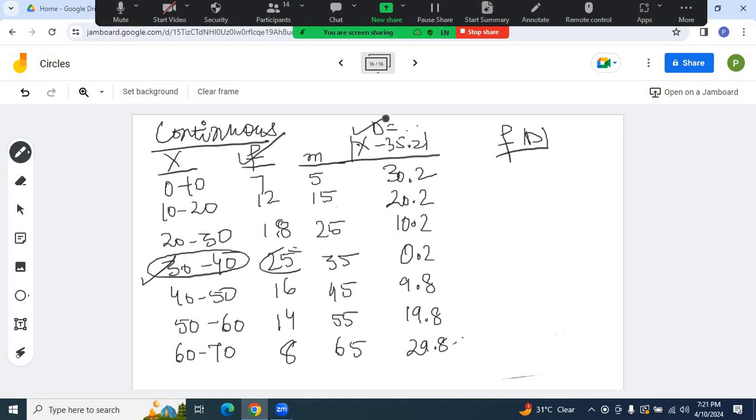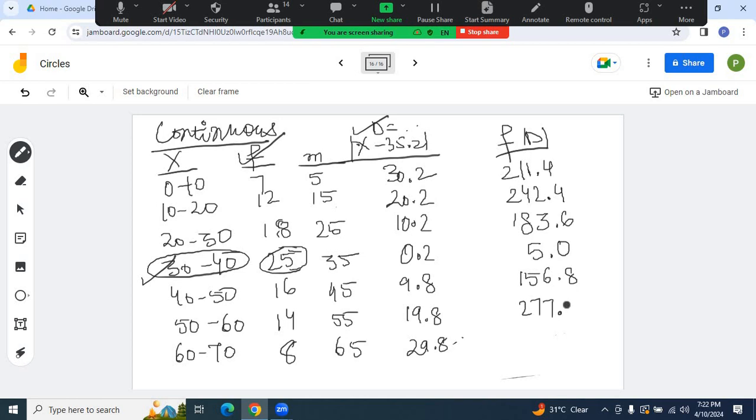So this is F and this is D. I will be using the calculator. 7 into 30.2 is 211.4. 12 into 20.2 is 242.4. 18 into 10.2 is 183.6. 25 into 0.2 is 5.0. 16 into 9.8 is 156.8. 14 into 19.8 is 227.2. 8 into 29.8 is 238.4.